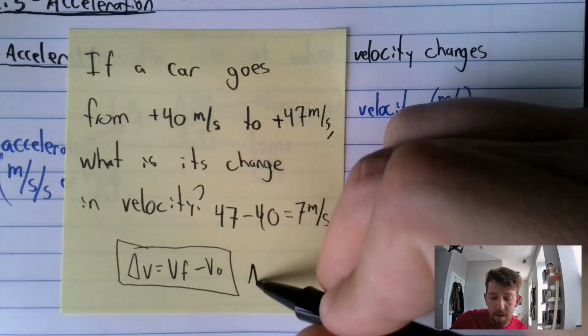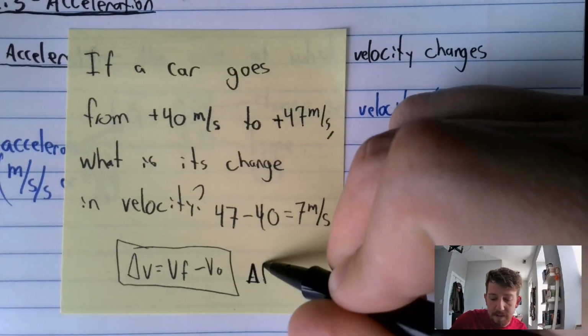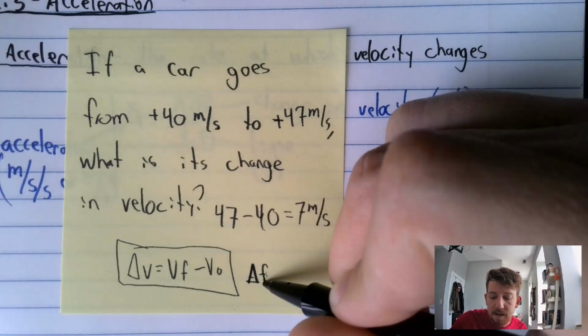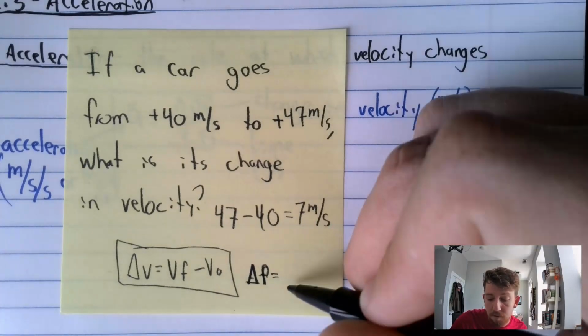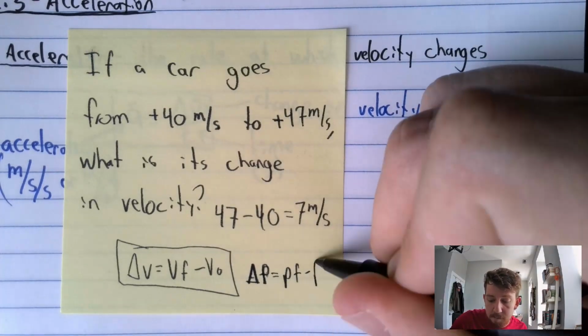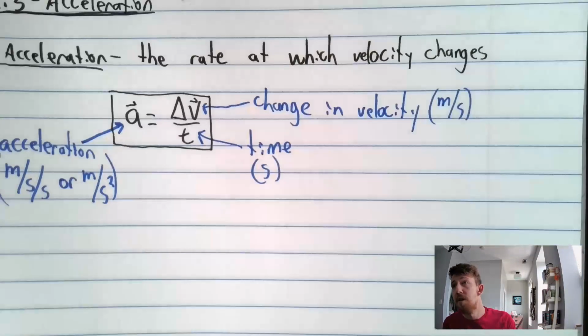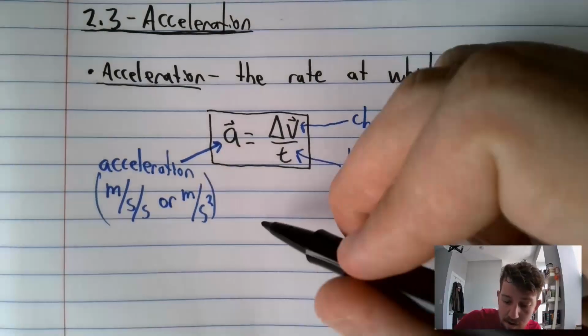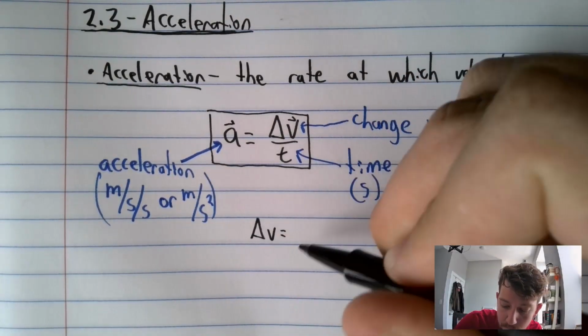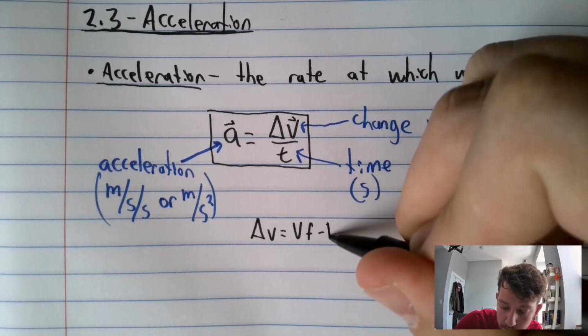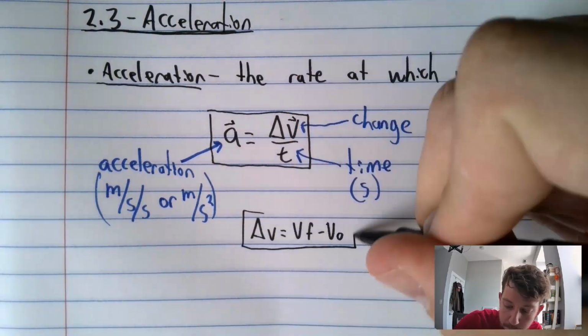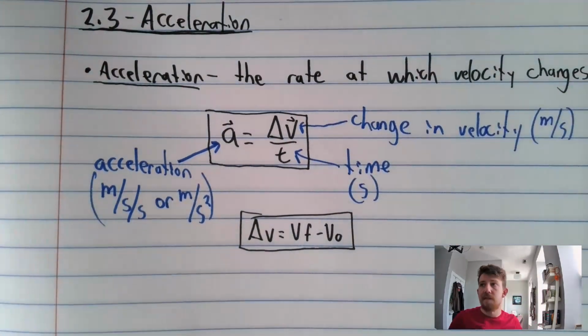Like, I'm just going to make up a variable, delta F. Let's say delta P. We have used delta P before. Would be P final minus P initial. So this pattern kind of shows itself a lot. Whenever you see a delta, you can do final minus initial with that value. So let's jot that in here. It'll be useful later on. Delta V equals V final minus V initial.